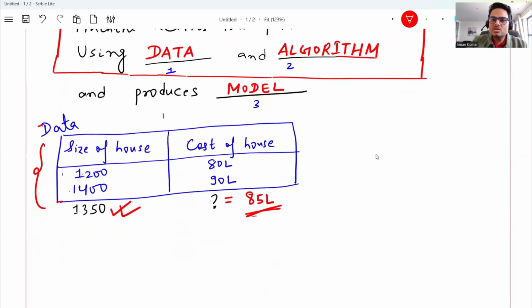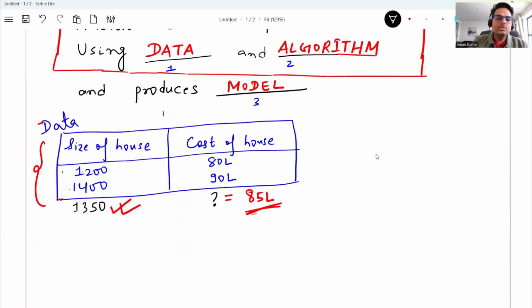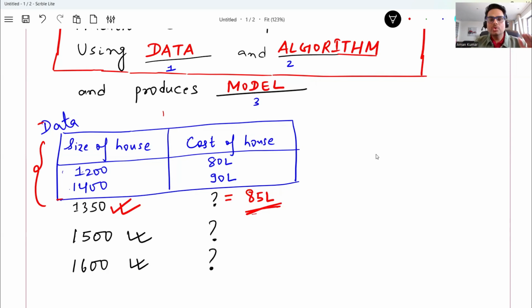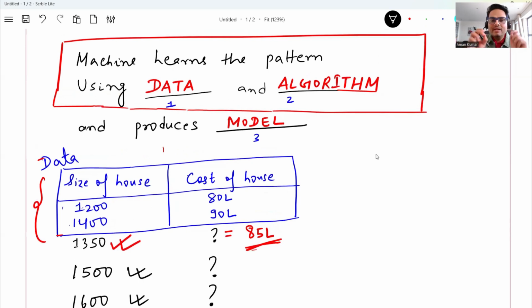You can go and ask to the model, hey model, can you tell me if 1500 is the size of the house, then what would be the cost of the house? And you can tell to the model, hey model, if 1600 is the size of the house, then what would be the price of the house? You can ask as many questions you want to the model. Why? Because model is the entity that has learned the pattern from the data using algorithms.